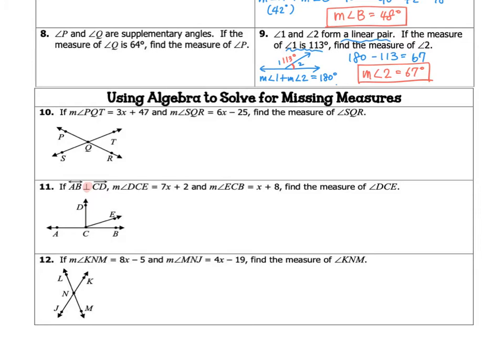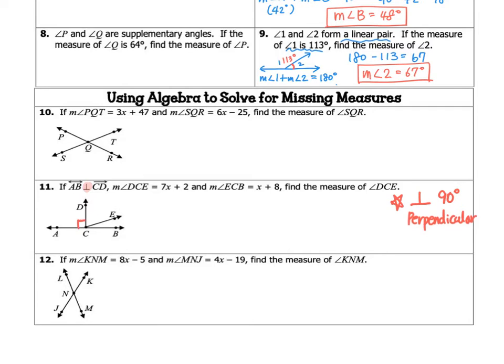That symbol right here, let me write it in here. The symbol is an upside down T. That means perpendicular. That means 90 degrees. So this will be 90 degrees right there.